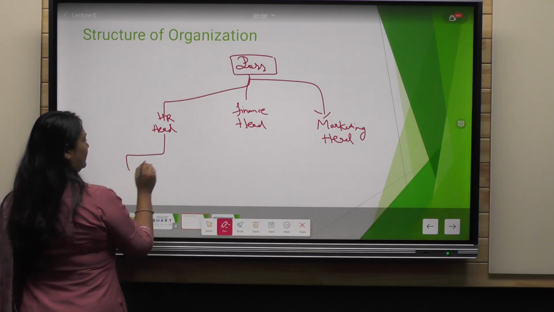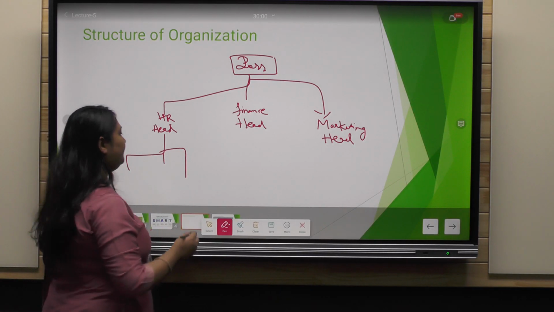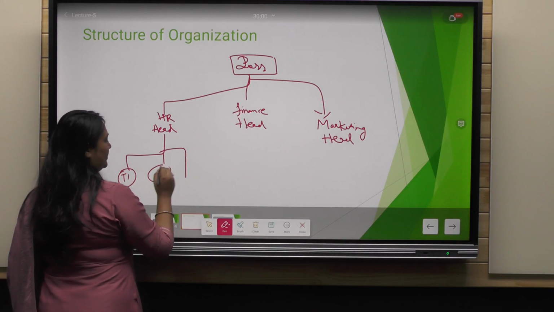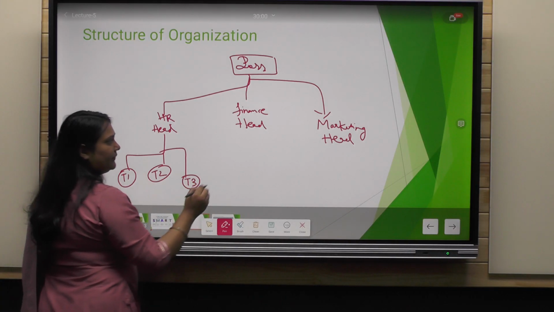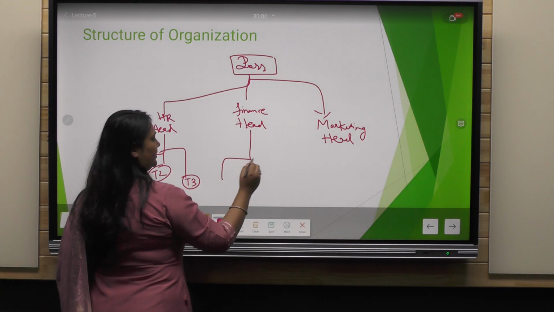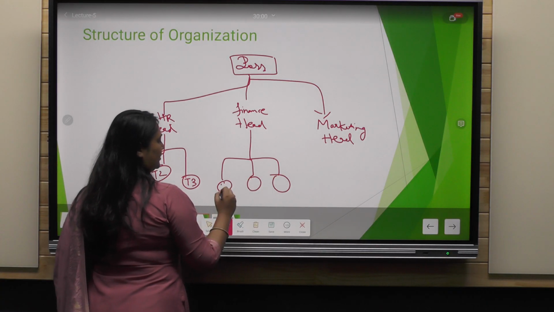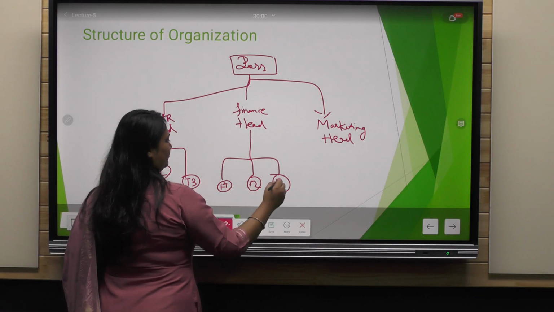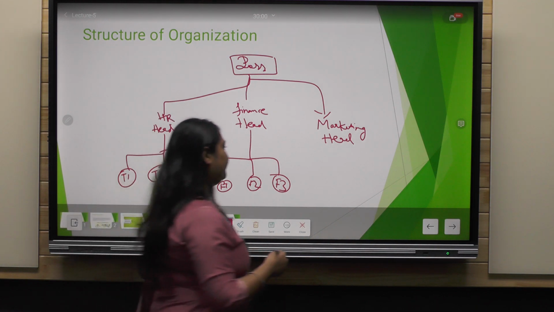Then the HR head has its own team, like team 1, team 2, team 3. Then the finance head has its own department: finance 1, finance 2, finance 3, or members can be more than 3.